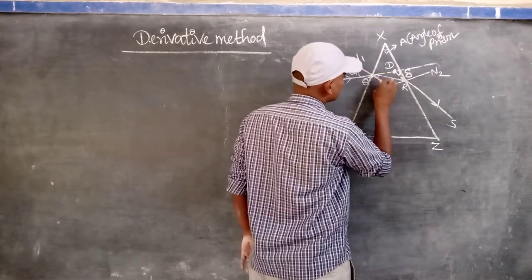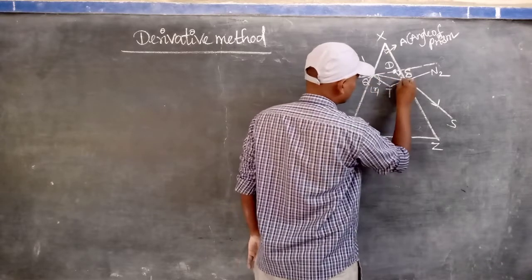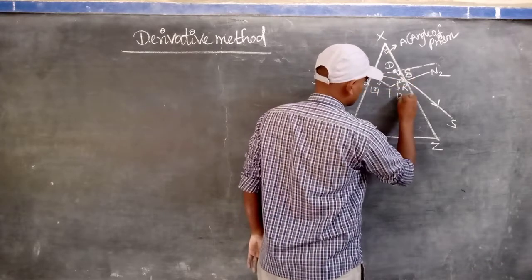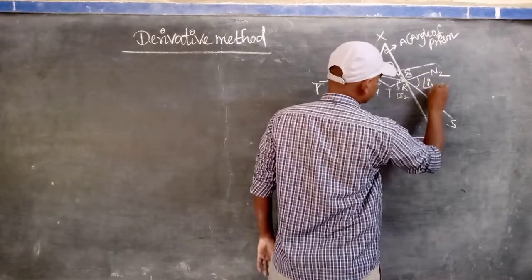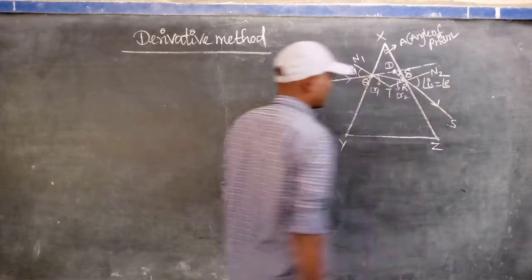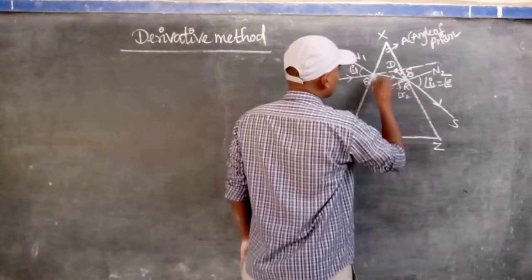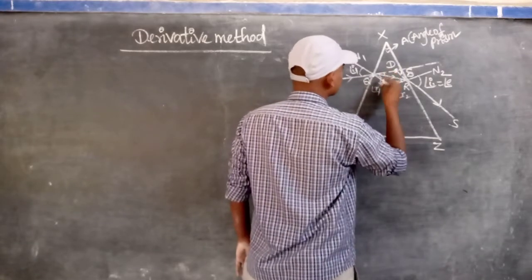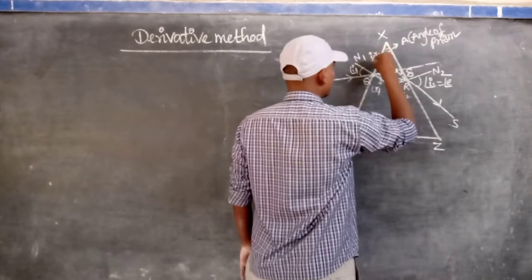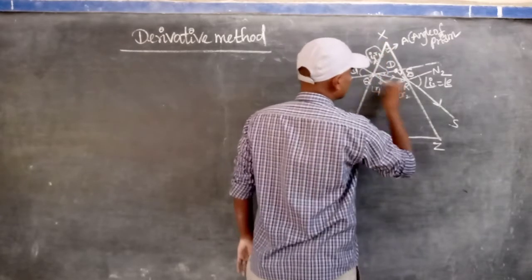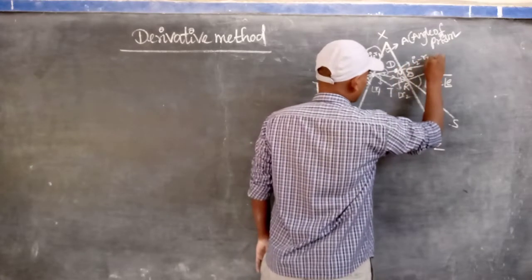This is R1, R2, and angle I2, which equals the angle of emergence.